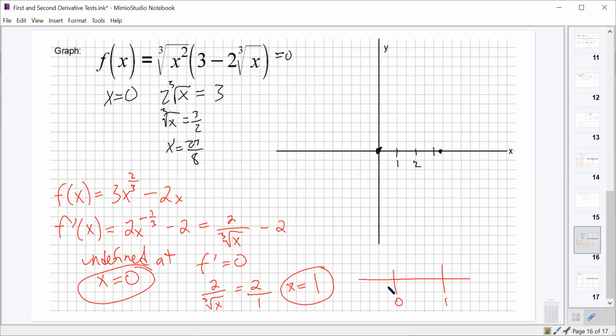Plug in a negative number, like negative 1,000,000, right? Doesn't even matter what negative I plug in here. This number here is going to be a negative, right? Any negative number that I plug in, cube root of x will be negative.